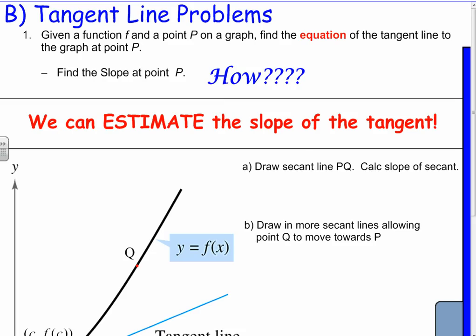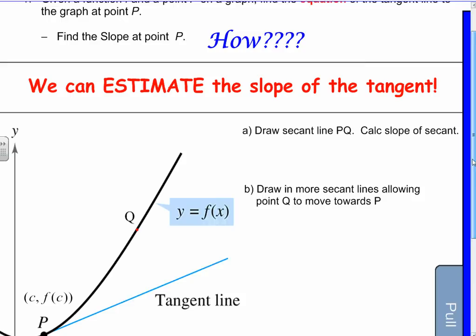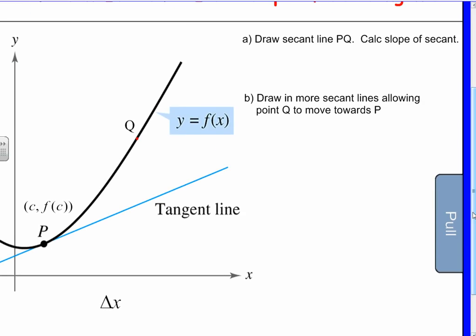Okay. So, given a function f and this point P, find the equation of the tangent line, and we were talking about how this has its difficulties. So let's go ahead and draw in, not the tangent line, but the secant line, which connects 2 points, this point Q here with my point P. There's some x value right here that's associated with my P value, and I noticed here that you use C, so I'm going to use C as my placement on the horizontal axis here.